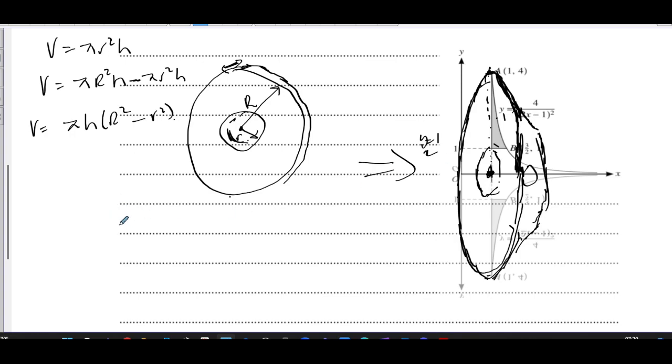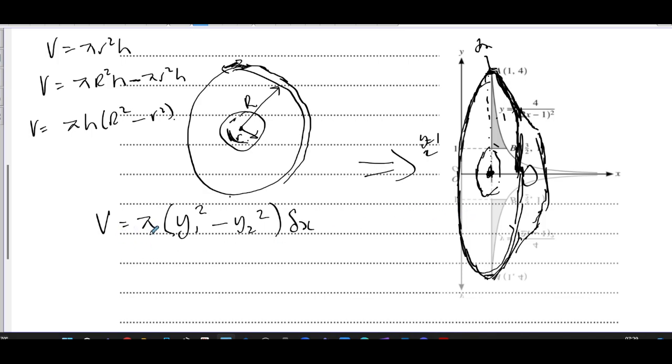So basically the volume is going to be pi times, let's leave the h for later, y1 squared minus y2 squared times how thick this cylinder is. So we're going to take a tiny little slice of cylinder. We'll call that thickness dx, a small amount in the x-axis.